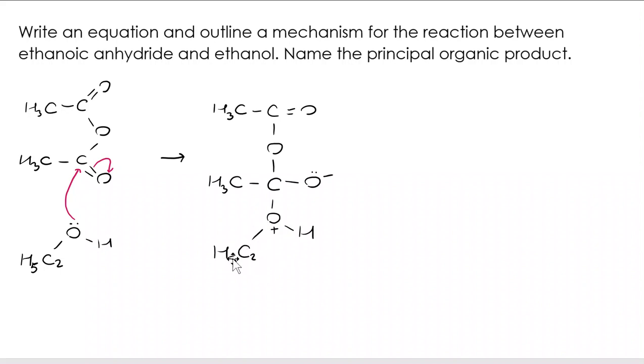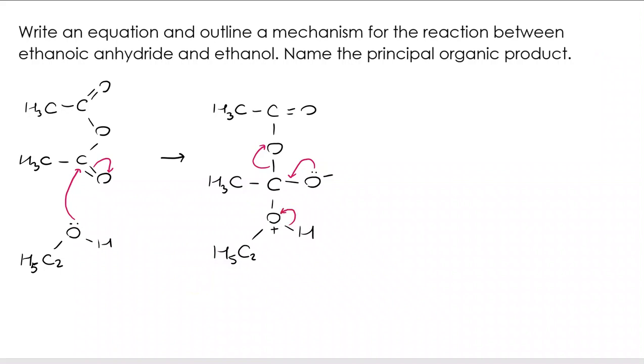I've got my C2H5OH at the bottom, the positive on the O. I've got my O- with its lone pair here. And we know we're going to regenerate the double bond, and we know we're then going to lose our CH3COO- up here. We're also going to break the OH bond here as those electrons move back to the O.